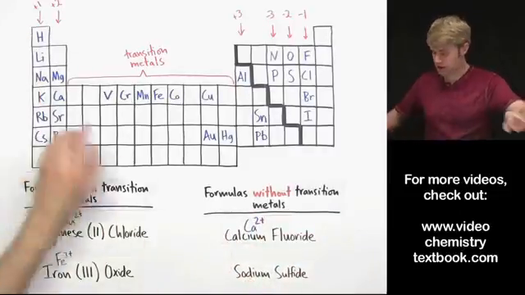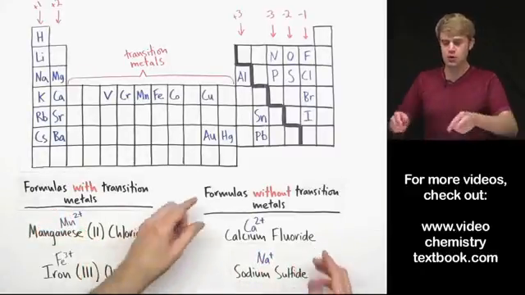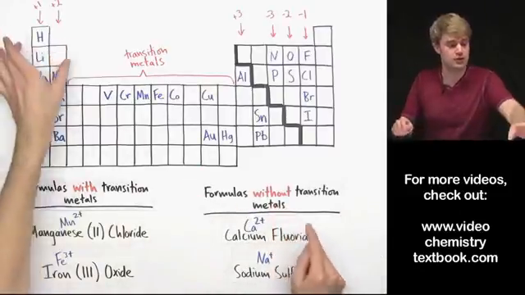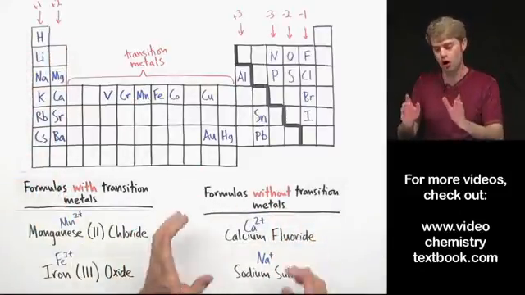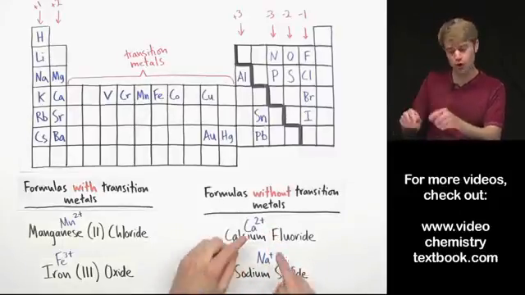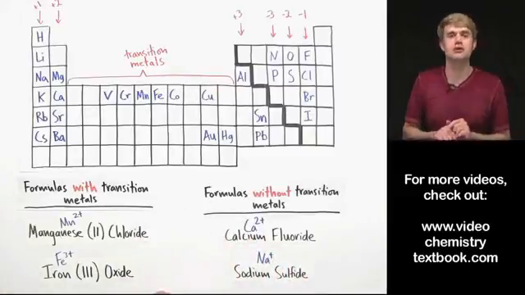Sodium is in this column here, so we know that it's 1+, and it's always going to be 1+. So we don't have to use Roman numerals when we write formulas without transition metals, and in fact, it would be wrong to use Roman numerals when you're doing this. So don't put Roman numerals into the formulas unless they have transition metals.